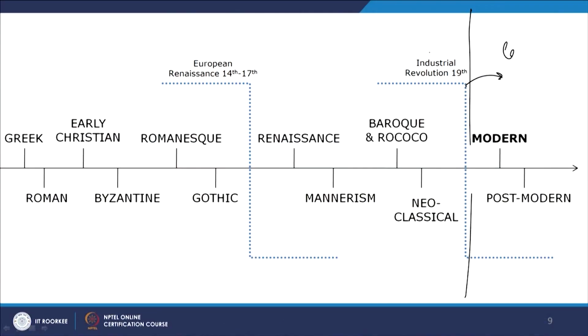After the industrial revolution, in the 19th century, modernism and postmodernism came. Together this is what we call contemporary style.